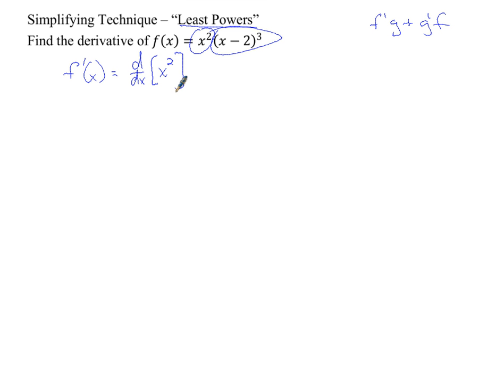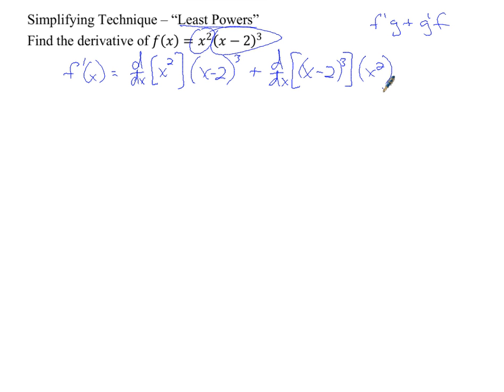We know that that's 2x, but I want to write the formal notation. You'll see why here in a second. Times what? Okay. Plus the derivative with respect to x of x minus 2 to the third power times x squared.